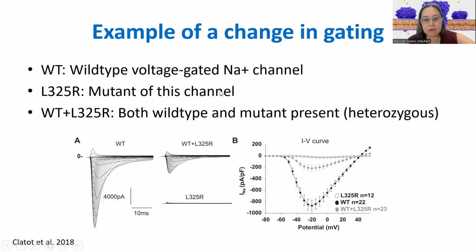Whereas you can see before, the wild type has that strong voltage dependence, where it opens very strongly with voltage, and then the current goes back up. We'll talk about why the current goes back up in one of the future videos. Okay. Very interestingly, they also tried the heterozygous situation, where both the wild type and the mutant are present.